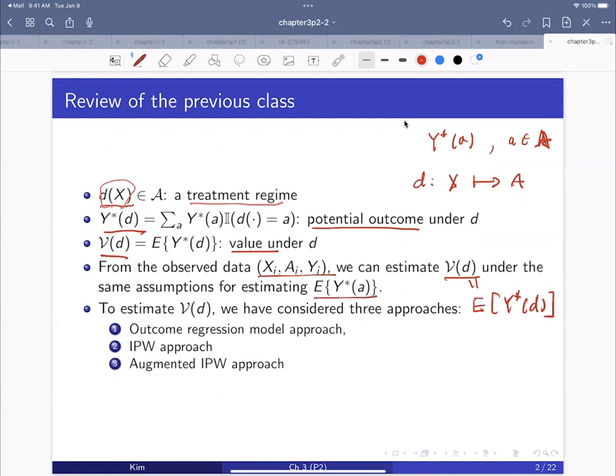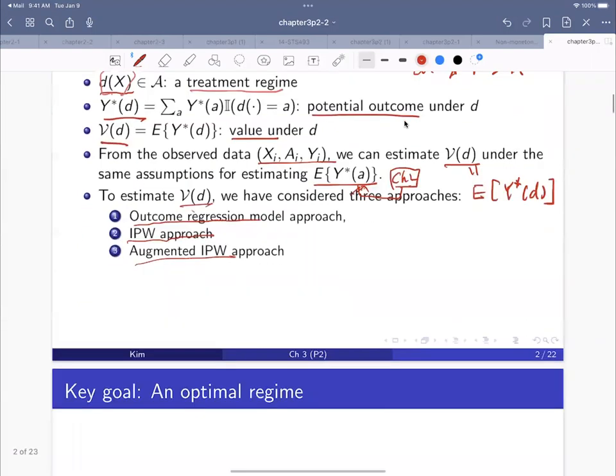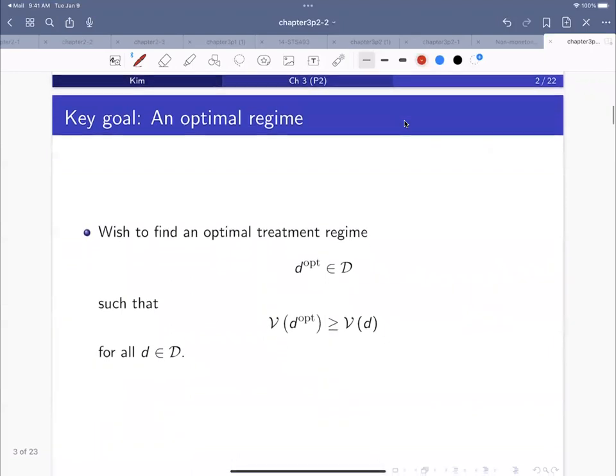So section two, chapter two is about estimating this guy, right? We use basically the same idea to apply the technique, but we have to derive the corresponding quantity. To estimate the value, we can use the outcome regression model approach, or the IPW approach, or the augmented IPW approach. Okay.